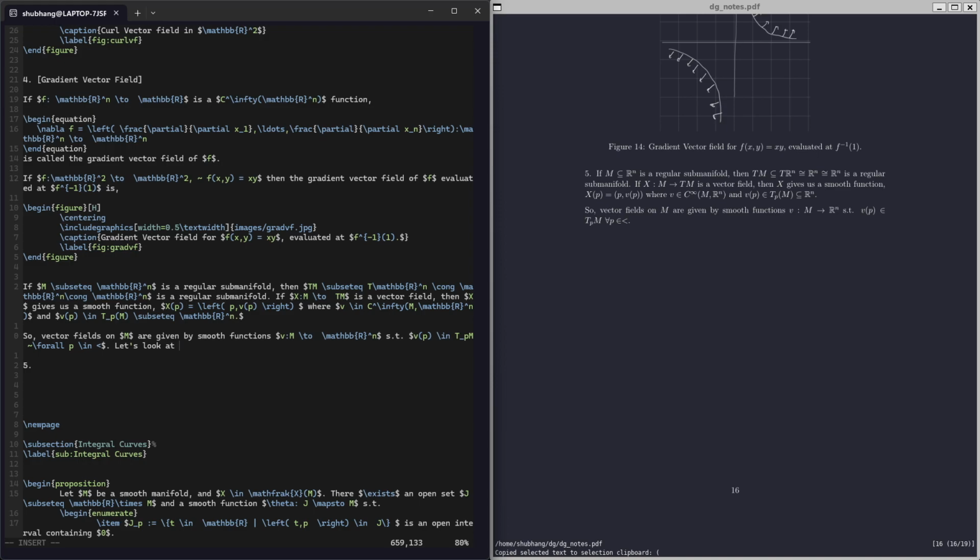Let's look at some examples. Consider S1, a regular submanifold of R2, and the vector field X(x,y) = (-y, x).